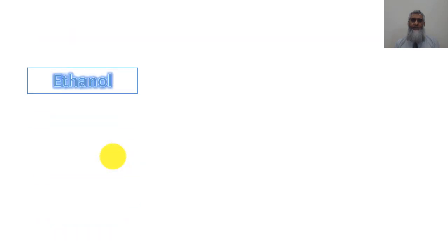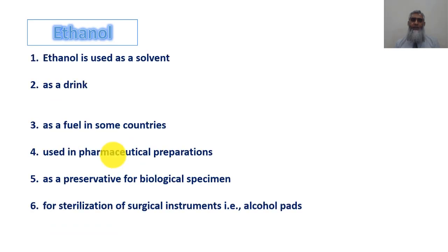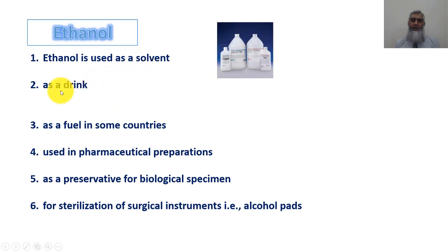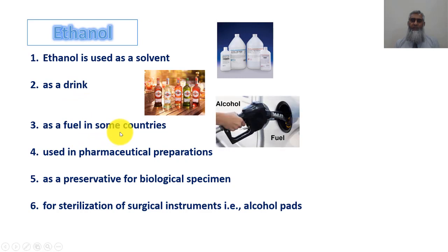On the other hand, ethanol is used as a solvent for making some other chemicals. It is used as a drink in some countries. It is used as a fuel in some countries, like Brazil, which is one of the countries that use ethyl alcohol as a fuel in automobiles.